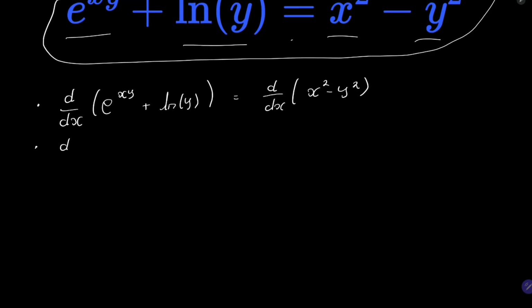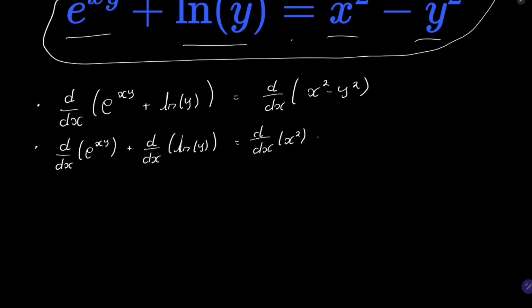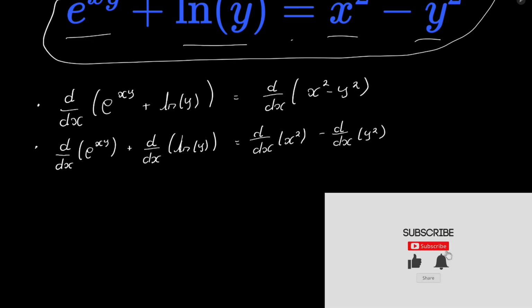So this leaves us with d on dx of e to the xy plus d on dx of ln y equal to d on dx of x squared minus d on dx of y squared.